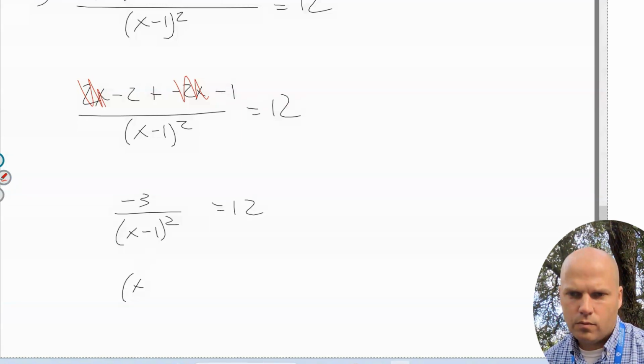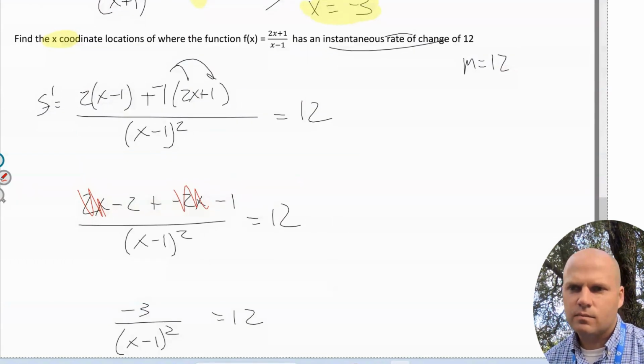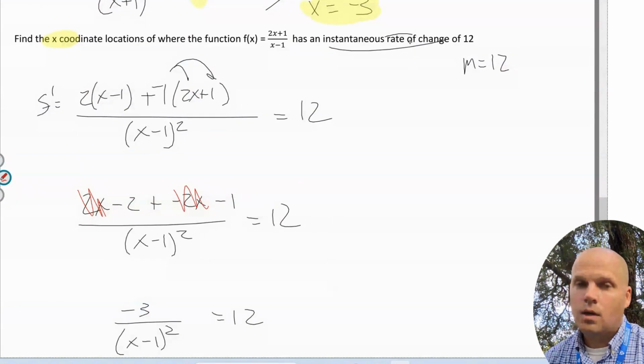Flip. Oh, that's not going to work. It should be negative 12. This function is decreasing everywhere.